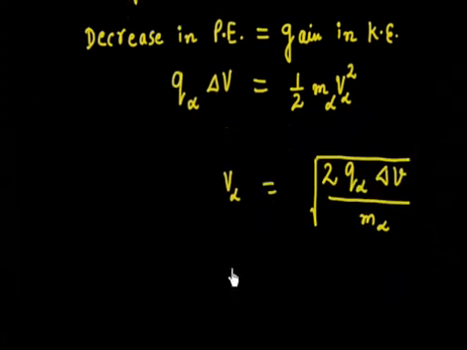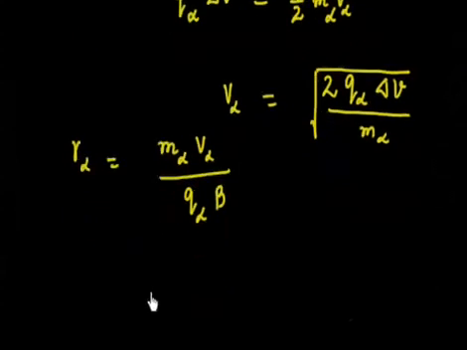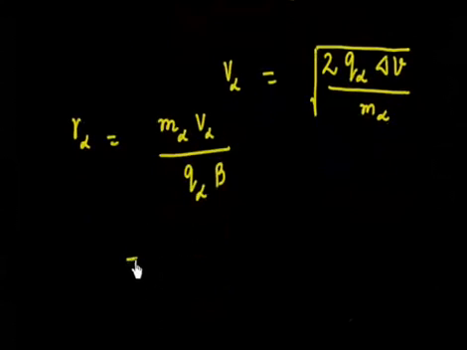So what is the radius? The radius of the alpha particle will be mv by qB, so m alpha v alpha divided by q alpha B, and B is constant. Either it's an alpha particle or a proton, for both cases B is the same, because B is not a function of space or particle, it's a constant.